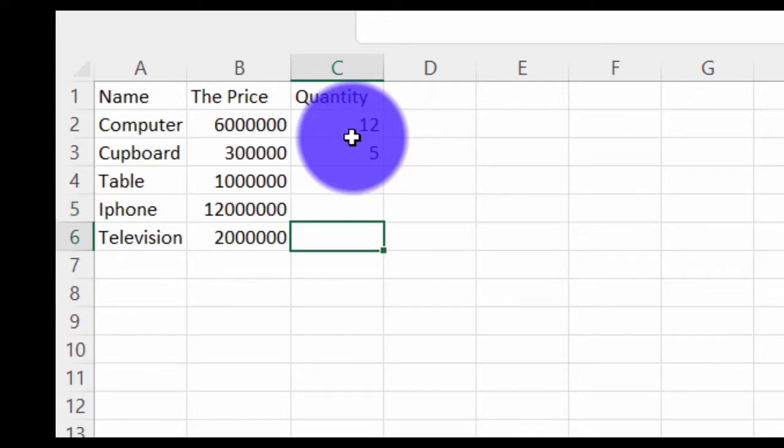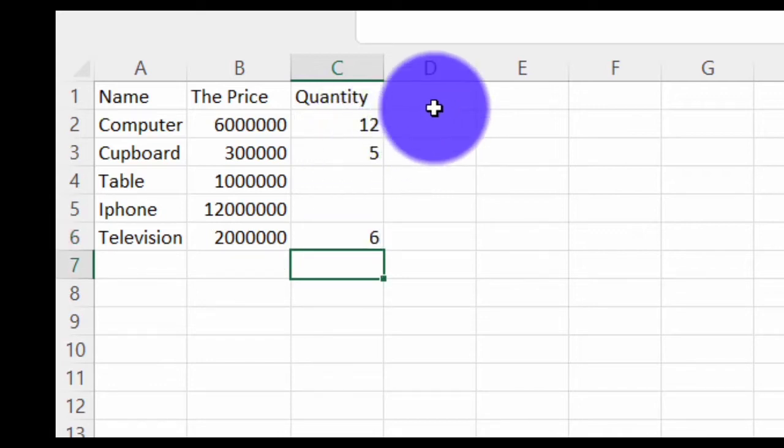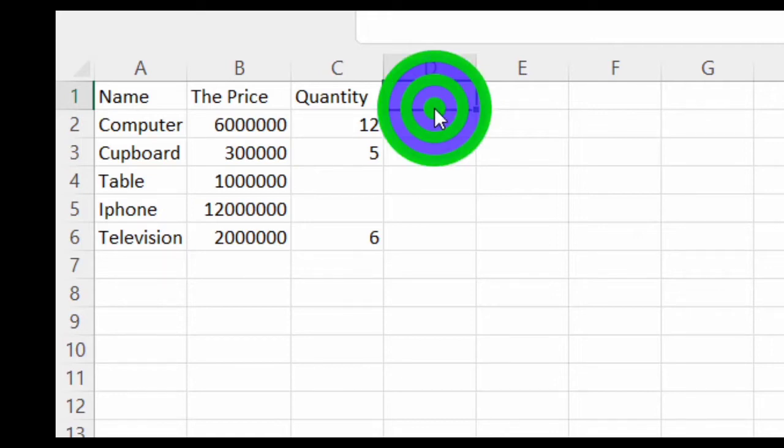And television maybe I have 6. Okay, so I want to know the average price of these things. I want to count the average price of those things.